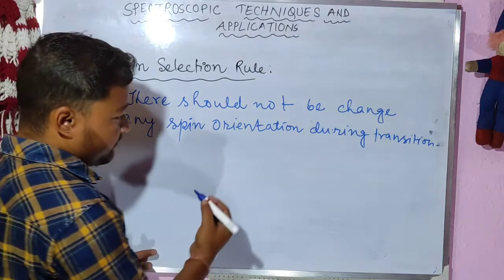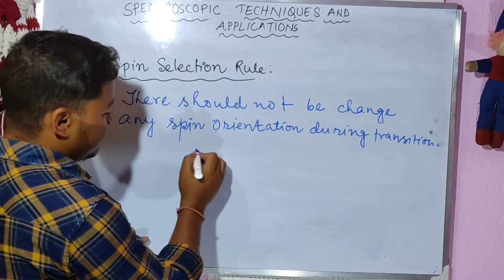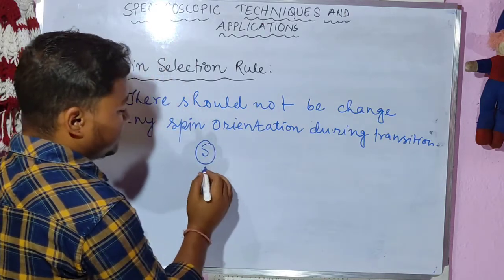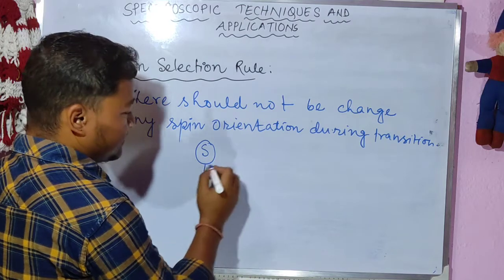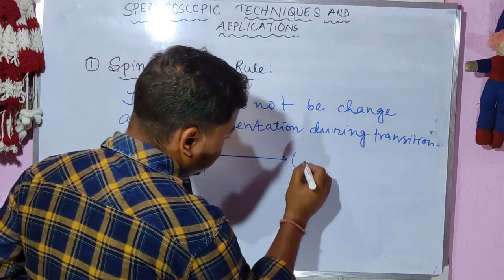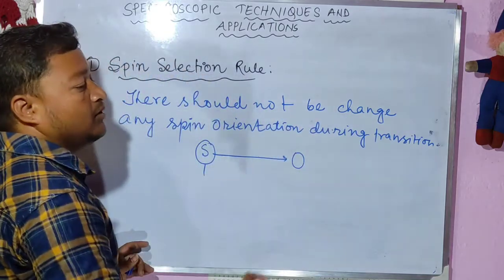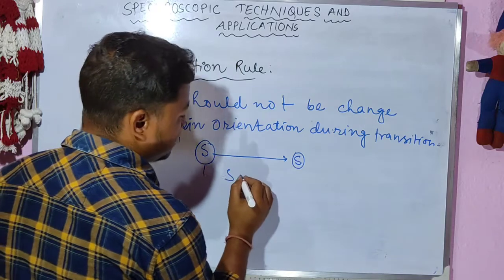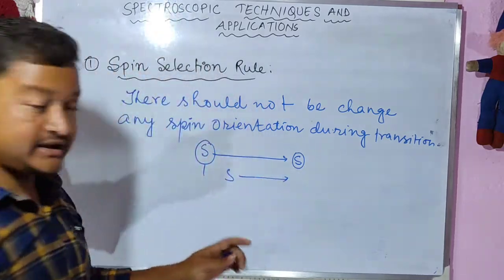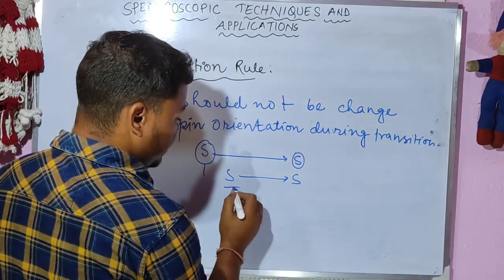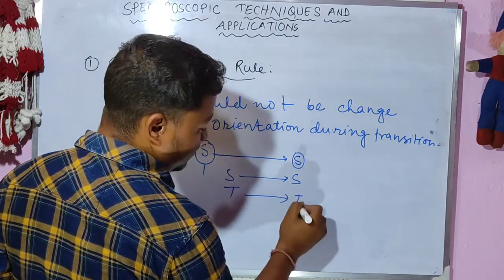That is, if the electron in the ground state is singlet, then after transition from the lower energy level to the higher energy level, it will also be singlet. Singlet to singlet is allowed. Triplet to triplet is allowed.